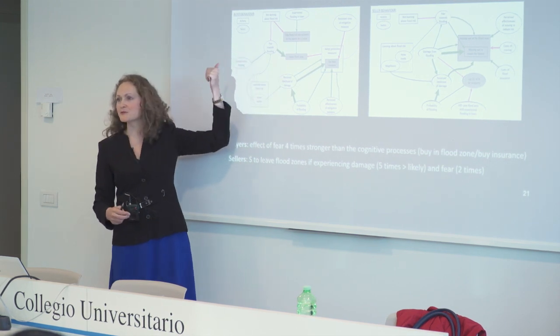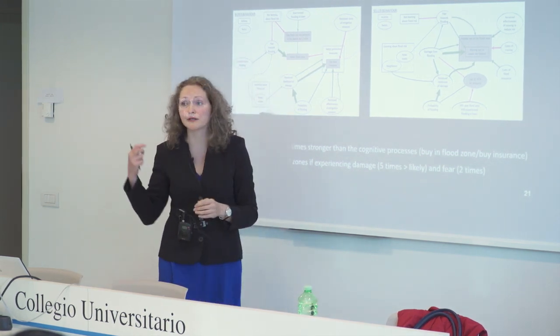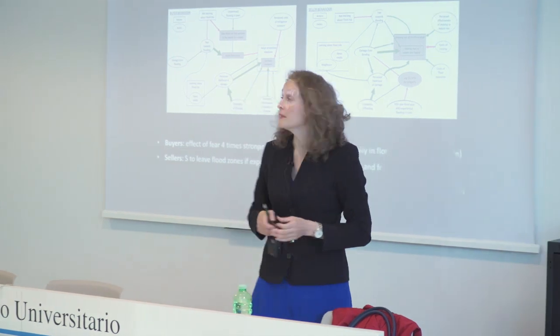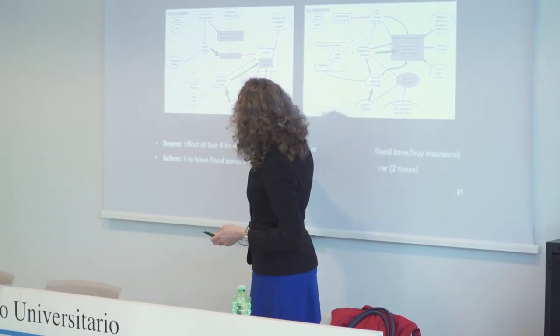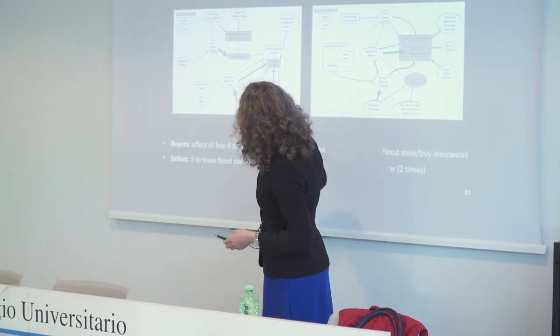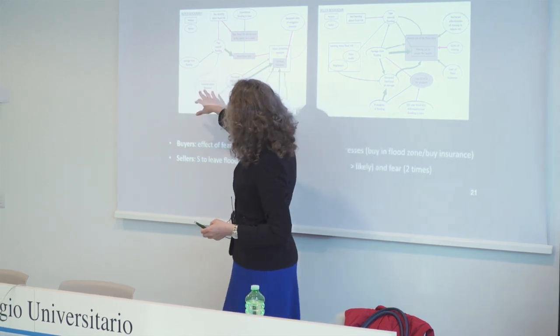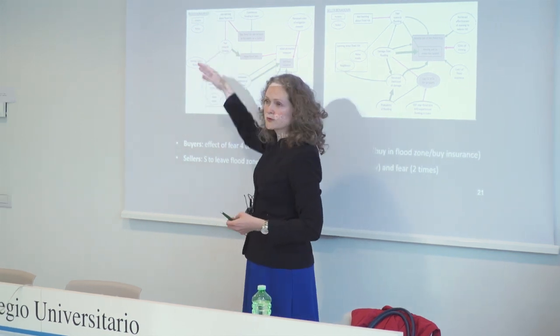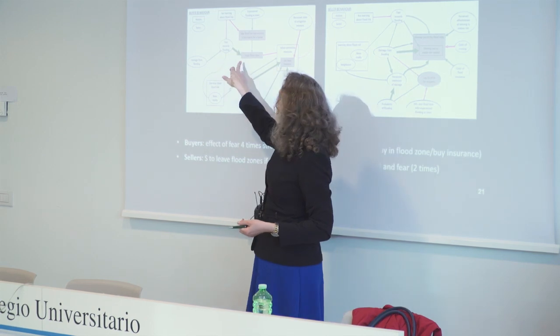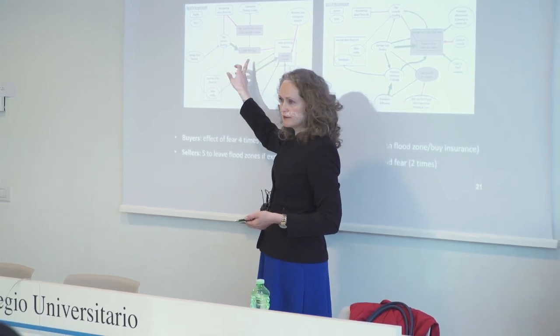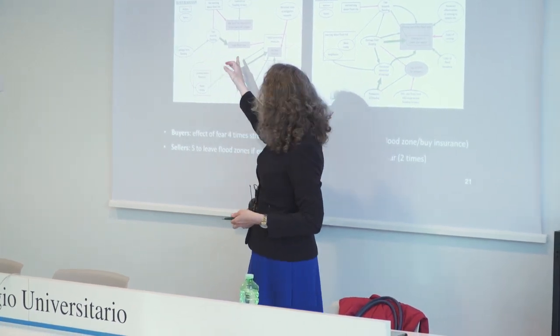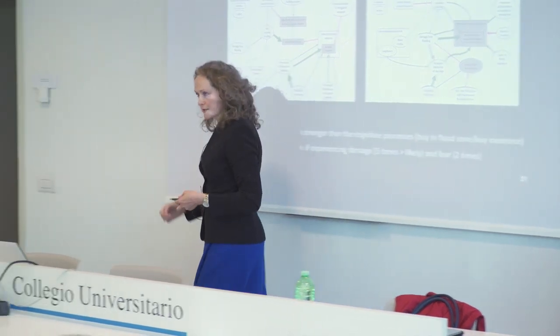The narrow arrows mean that the effect is small. The red arrows are the negative effects. So what we could see is, for example, if the person had experienced flooding, there would be fear towards this event, and that fear was a very strong explanatory variable to avoid flood zones, for example.